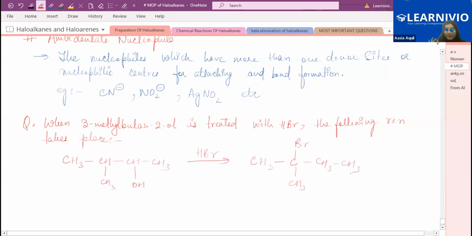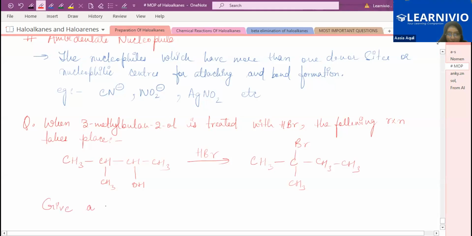So this is your reaction. When 3-methylbutan-2-ol is treated with HBr, this is the product. Now the question here is, give a mechanism. You have to write down the mechanism.